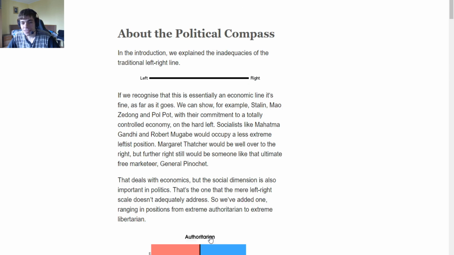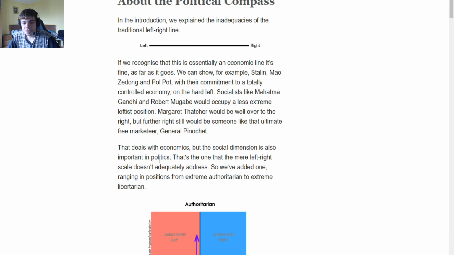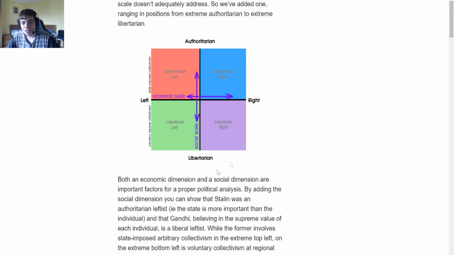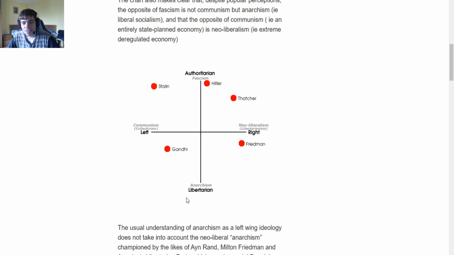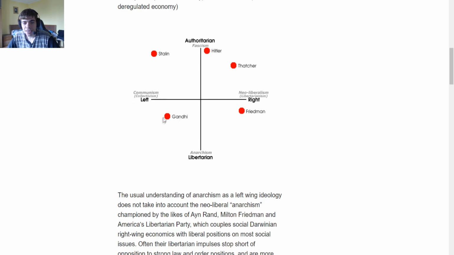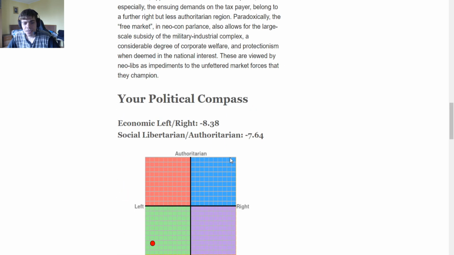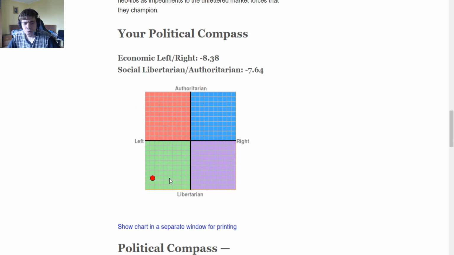And now let us see our results. This explains how the traditional left-right line can be problematic, with examples like Gandhi being left libertarian, Stalin authoritarian left, Hitler authoritarian right, and Friedman libertarian right. And my position, wow, all right.